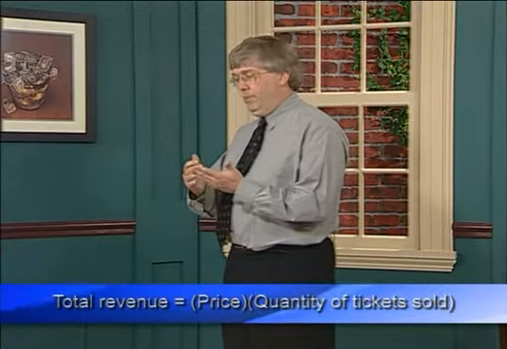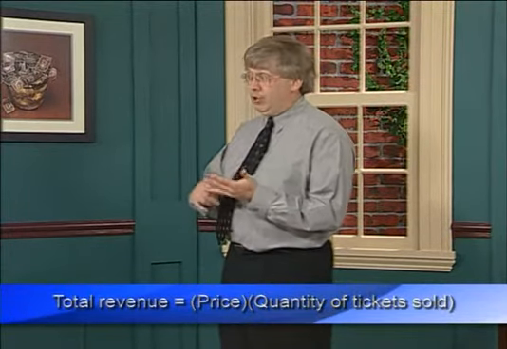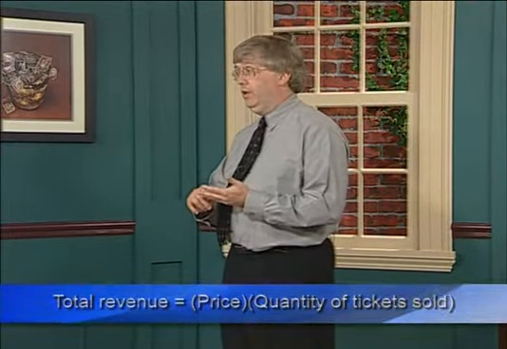Now, total revenue for the band will be the price times the quantity of tickets sold. Imagine the band starts thinking about this problem in concrete terms. It sets a certain price, and it expects that price will result in the sale of a certain quantity of tickets. Imagine the band is only moderately popular, so it's not just going to sell out no matter what happens.